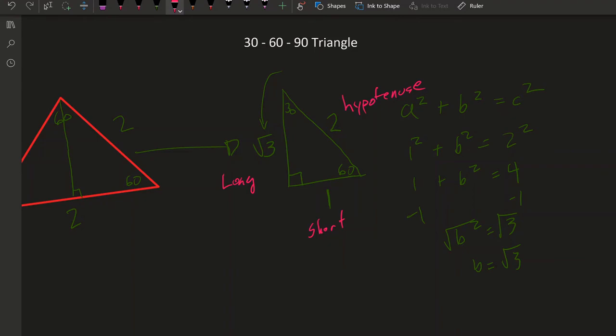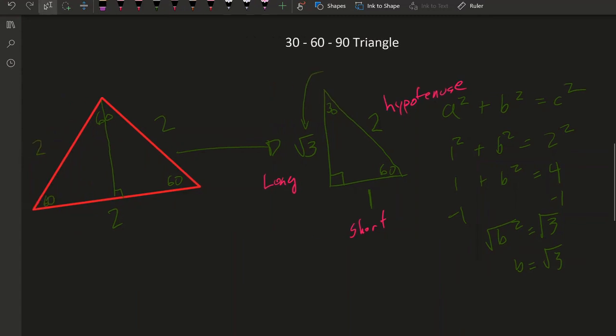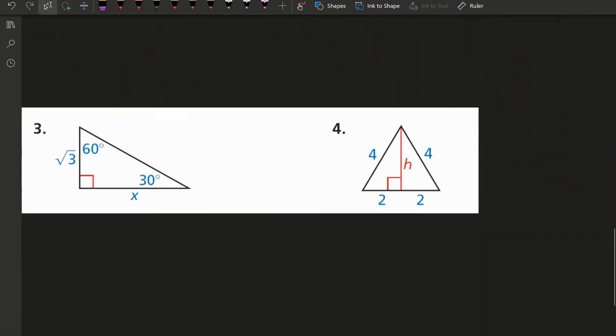Now, if we start with the short leg, the hypotenuse is always twice as big as the short leg. And if we start with the short leg, the long leg is always the short leg times the square root of 3. So, let's just go straight into some examples on how to use that.